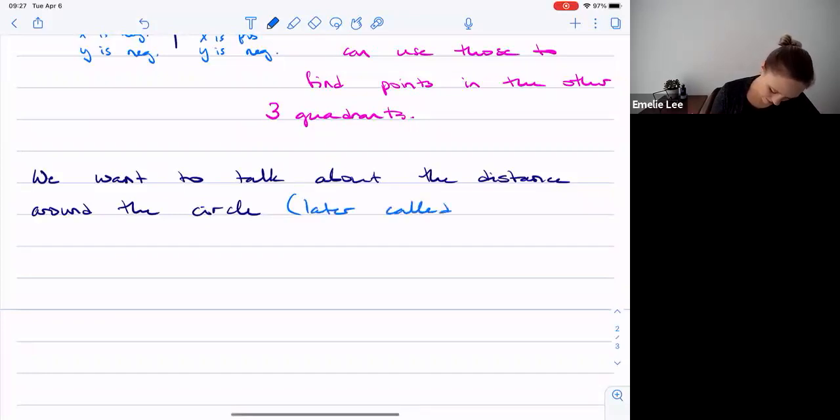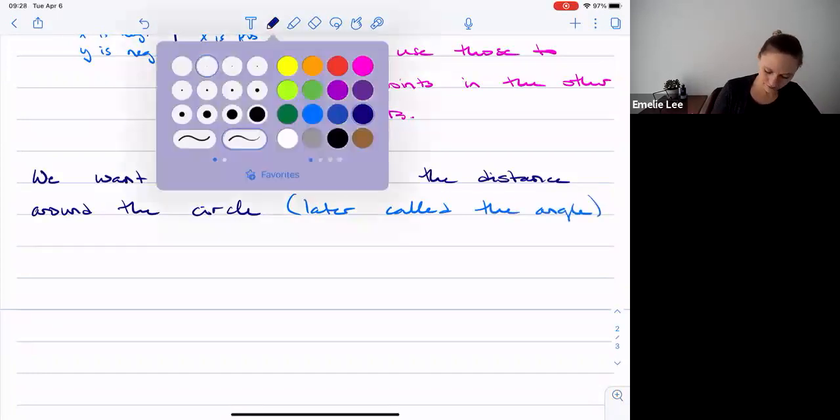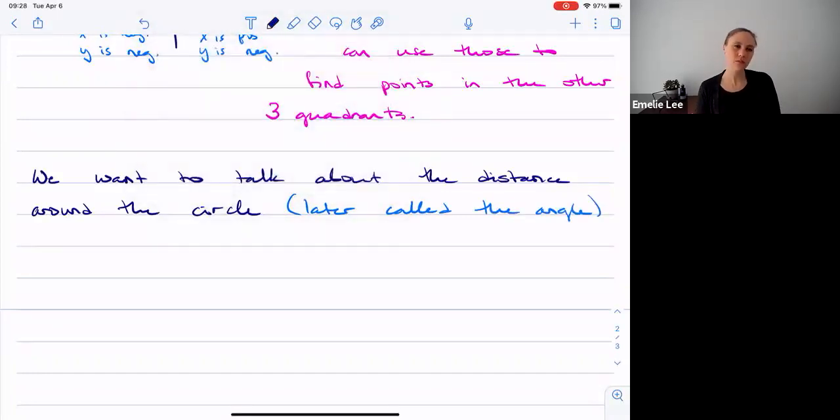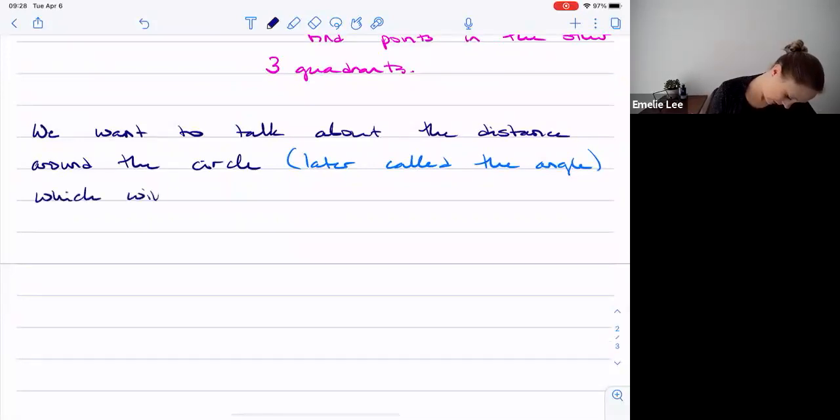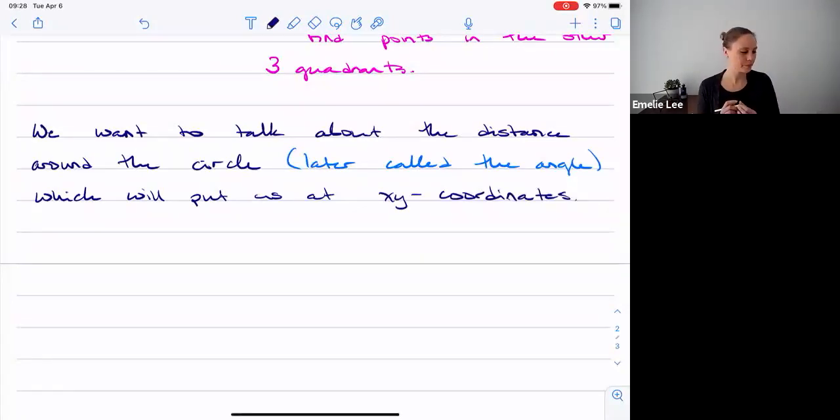So we want to talk about the distance around the circle, which will put us at xy coordinates.